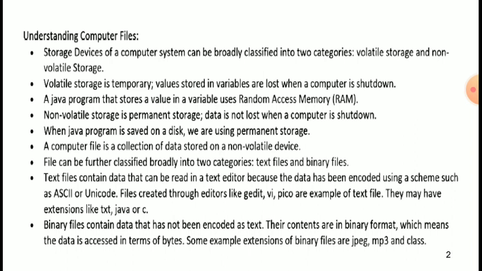A computer file is a collection of data stored on a non-volatile device. Files can be further classified broadly into two categories. First is text files and second is binary files.